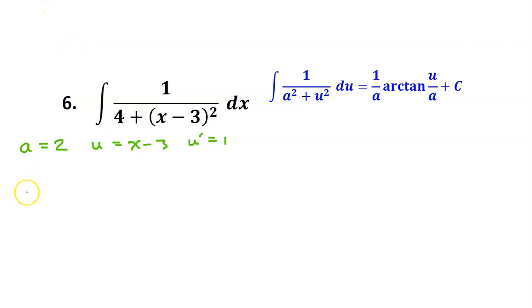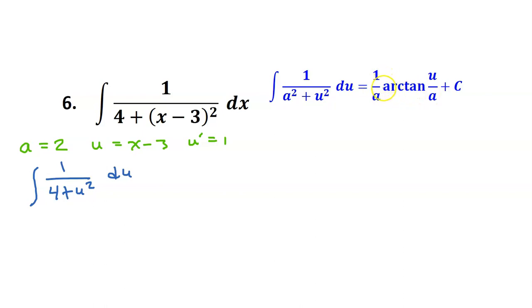Let's go ahead and do the substitution. So we have the integral of 1 over 4 plus u squared. Instead of dx, we can just write du. Normally I would say du over u prime, but it's a 1. Now we can apply the rule.